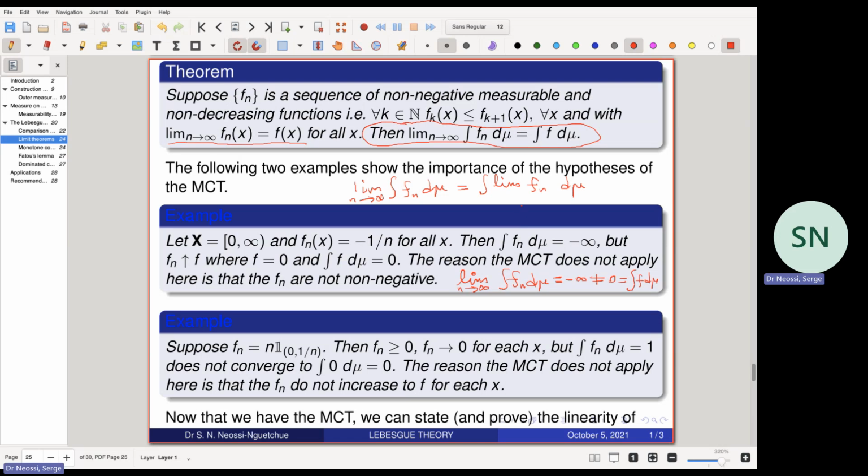So if one of the conditions is not satisfied, we are not expected to claim the result. Why? Because here we can see already that all our fn are negative. That's the first thing. But in the monotone convergence theorem, we have the condition that the functions fn are all non-negative.